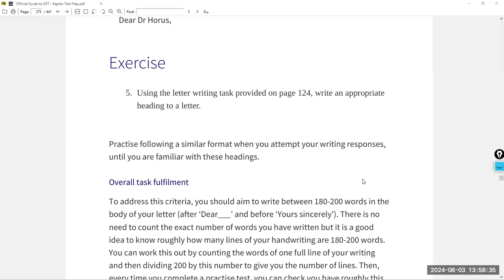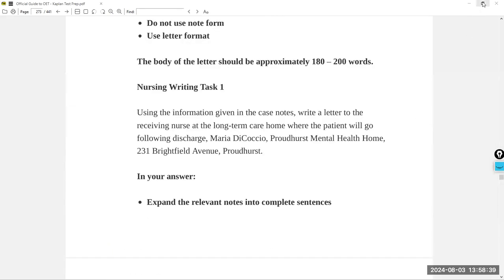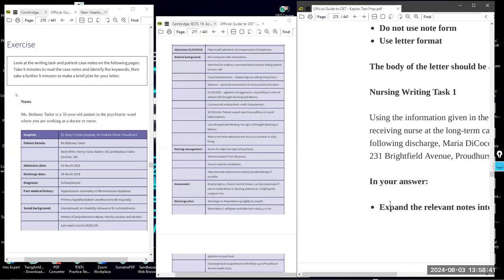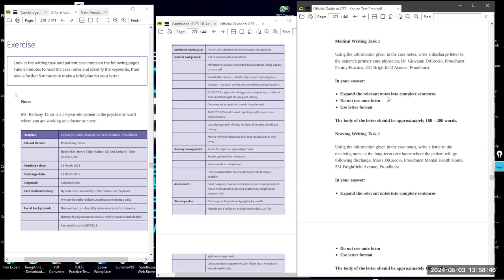Let me go back. This is it. And now I think it's the time to write headings. So I'm going to give you 3 minutes just to try to write the headings concerning the tasks and the case notes.